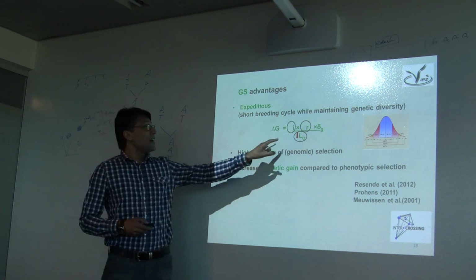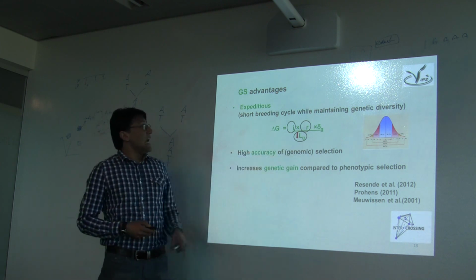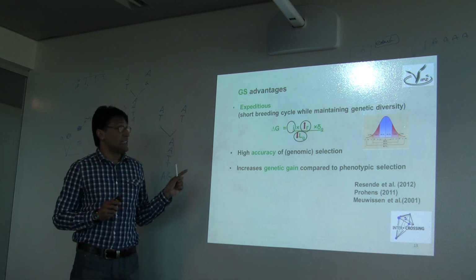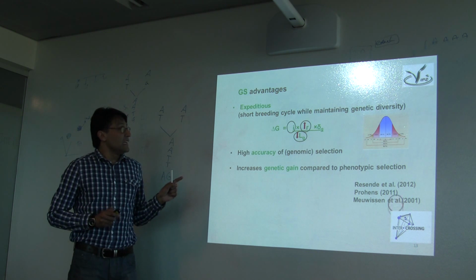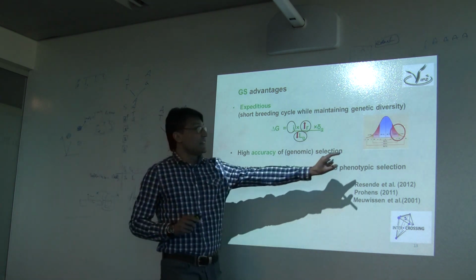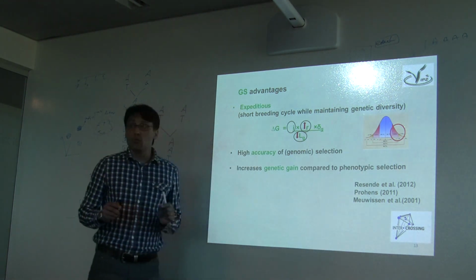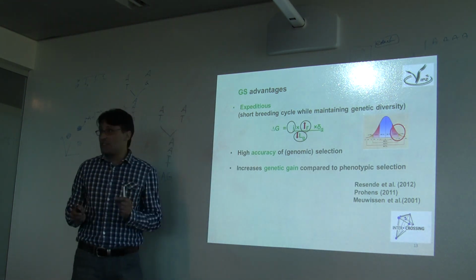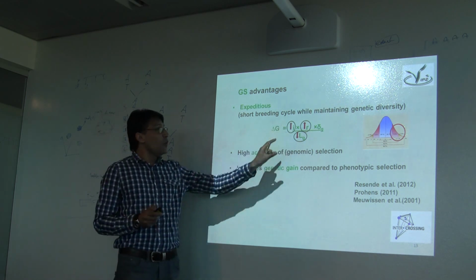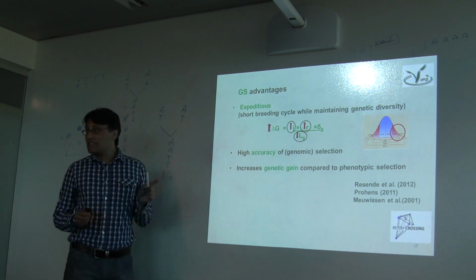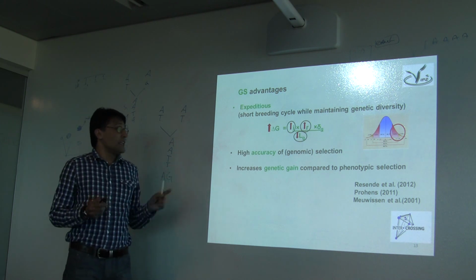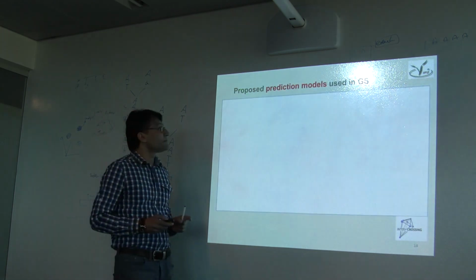So if you have a short breeding cycle and the accuracy of selection in genomic selection is also high, and then at the end you select the top ones, it means you increase the intensity of selection. And this all means you increase the genetic gain, or the genetic improvement. So it has many advantages actually.